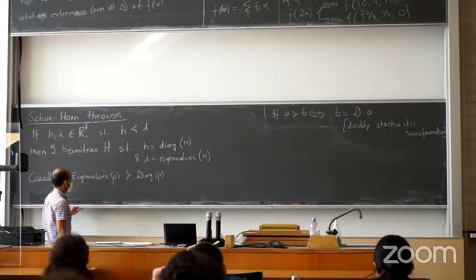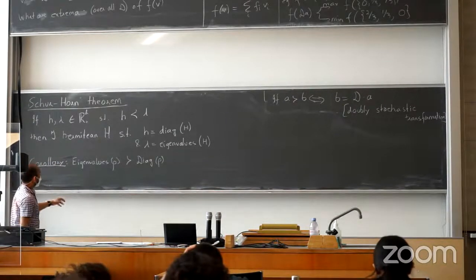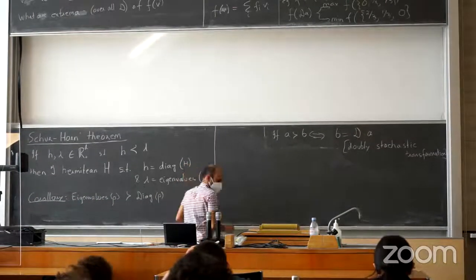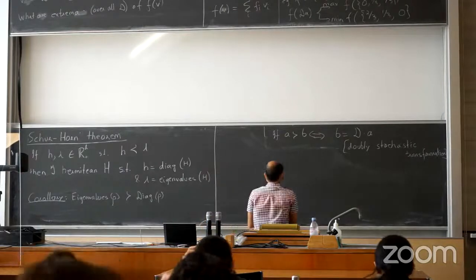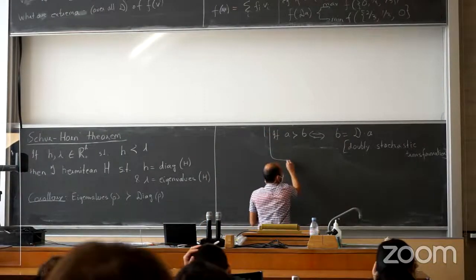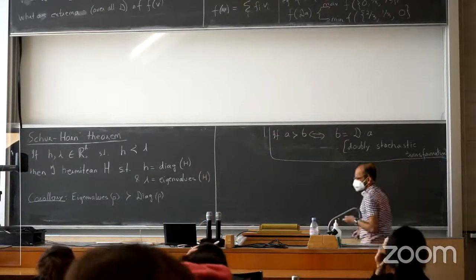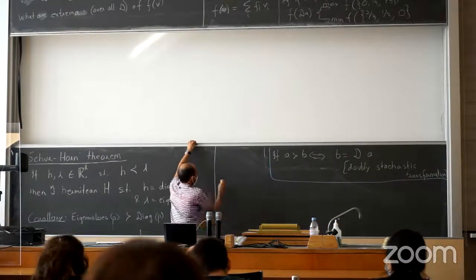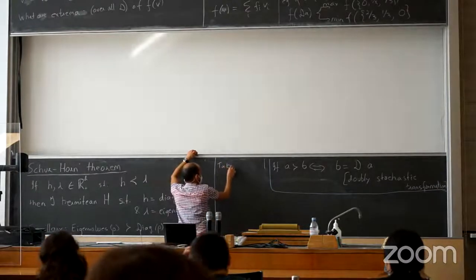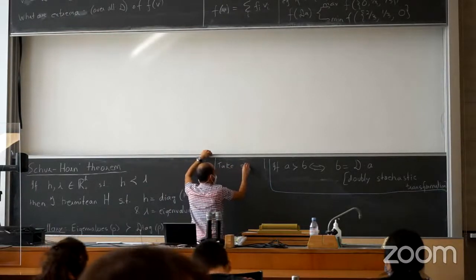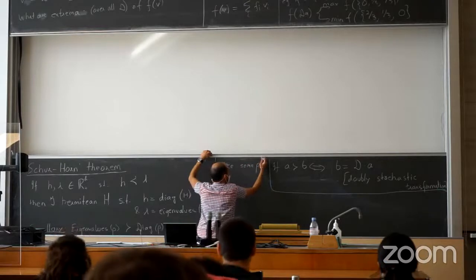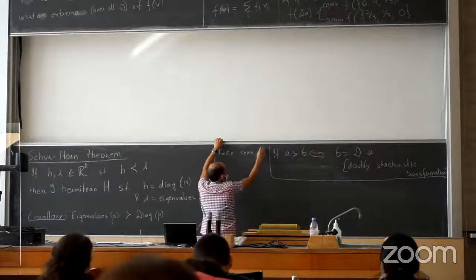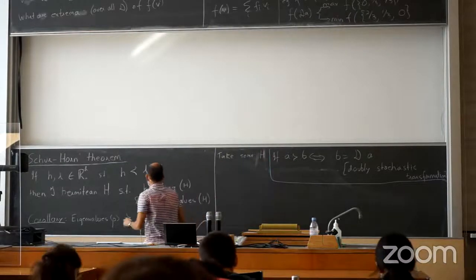So imagine now that I take some density state. Actually, it doesn't have to be a state, I can just take it to be some matrix H. This is Hermitian.